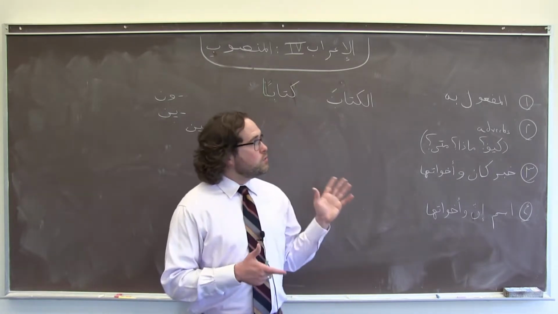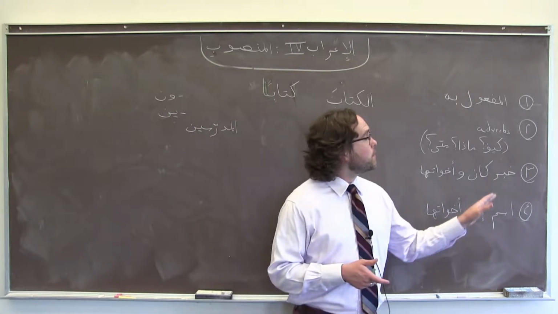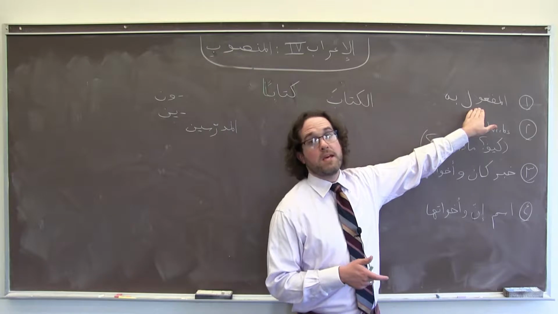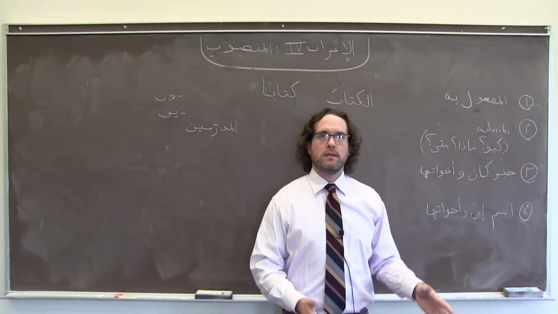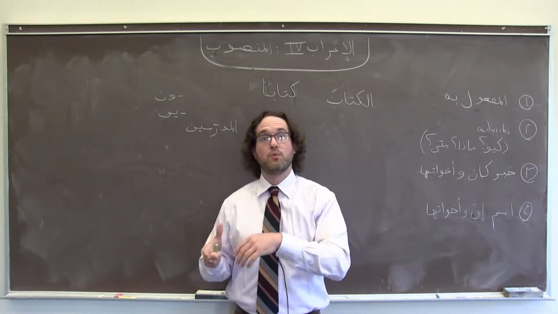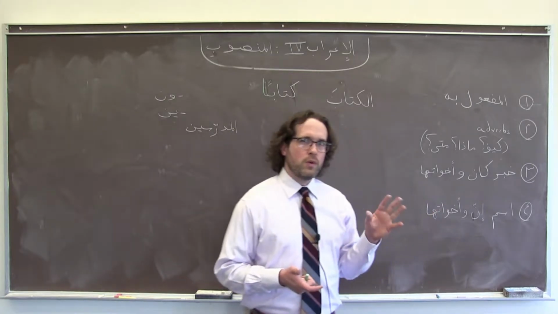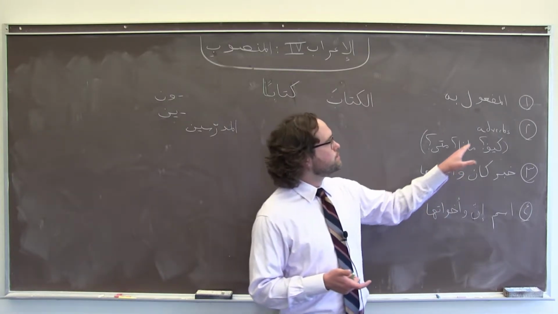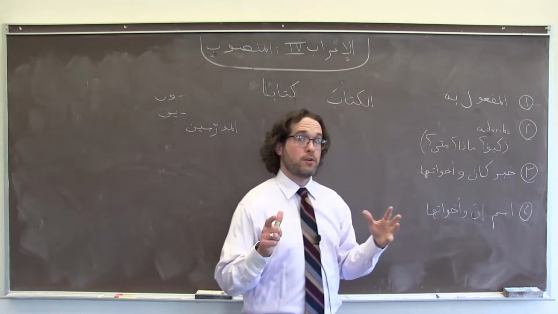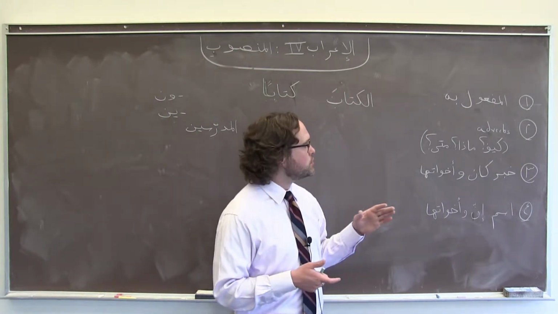When we use or see mansoub, it usually indicates a couple of things. Perhaps the most common is the direct object of a verb, al-maf'ul bihi, as we say in Arabic. I bought a book. Well, in Arabic, a book, kitab, would need to be mansoub, kitaban. Other really common places we see it are adverbs, and I'm going to talk a little more about that because the meaning is a little broader than we might think of if we're coming to this with a background in the English language.